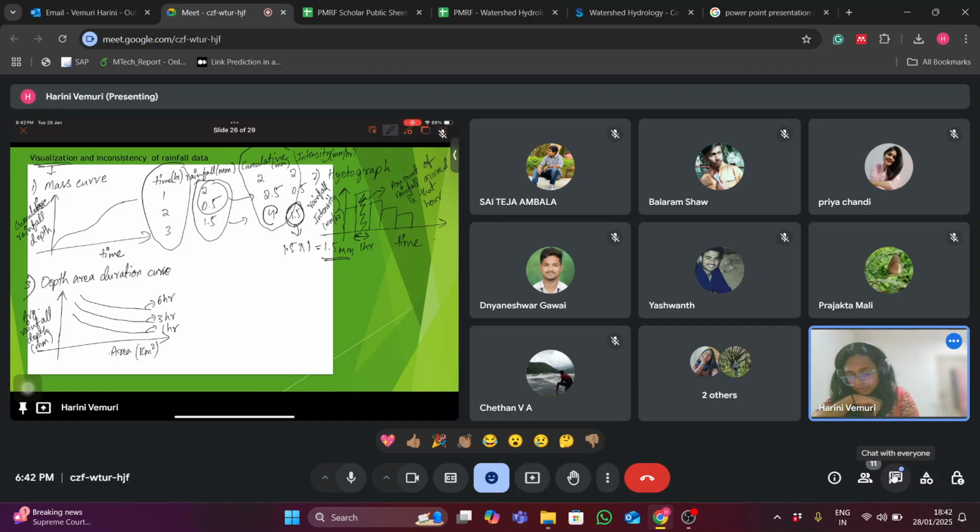Okay, so this curve will talk about the amount of rainfall. This curve gives us an idea about the depth of rainfall that can occur in 1 hour duration at different areal scales. So suppose here we have this represent 10 kilometer square and this is 50 kilometer square.